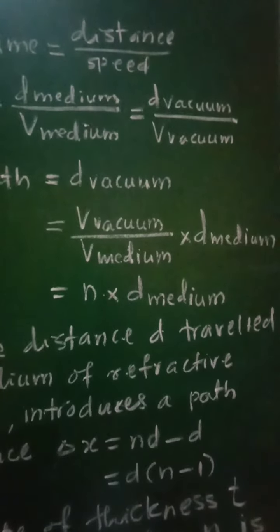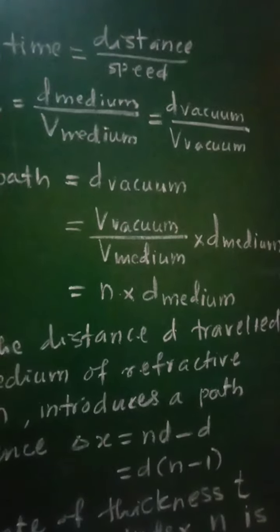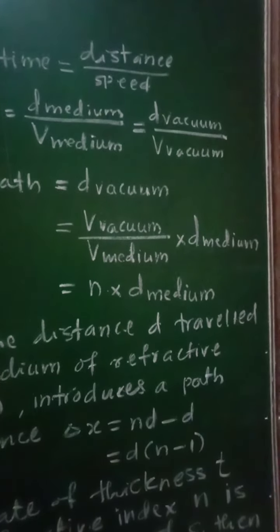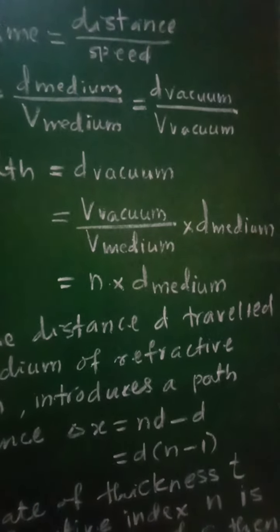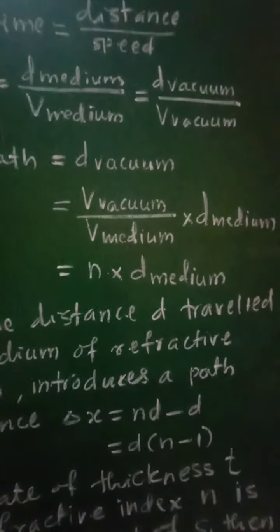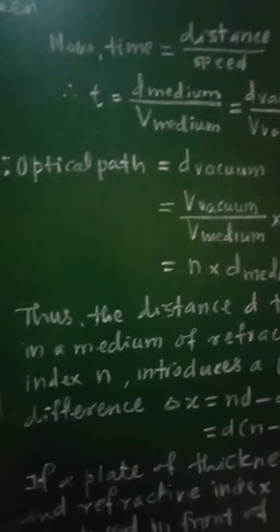But velocity in vacuum upon velocity in that medium, this ratio will give us the refractive index of that medium, and therefore the optical path will be equal to n into d medium, that is, optical path equals refractive index into distance covered in that medium.